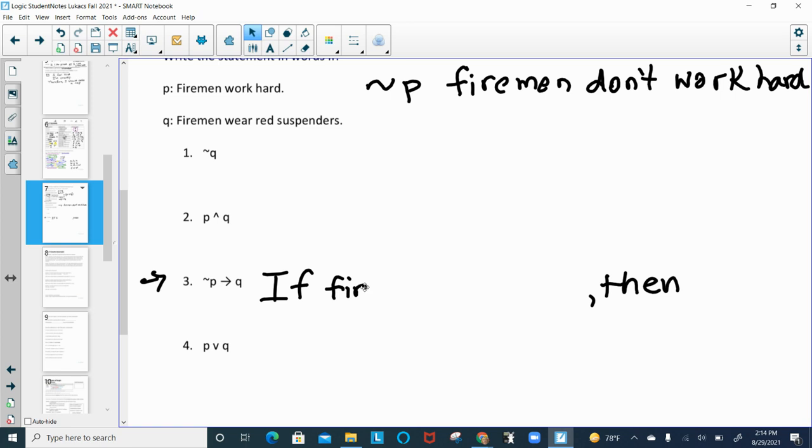"Firemen don't work hard." Didn't leave myself enough room. Okay. Then the conclusion is Q. So we don't have to do anything to Q. We just have to write it down.